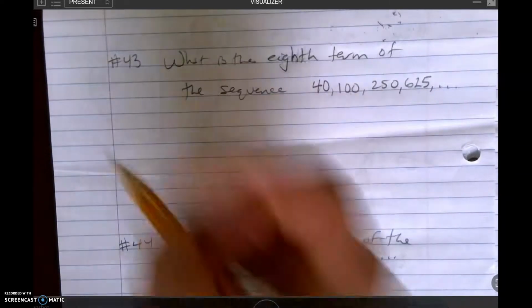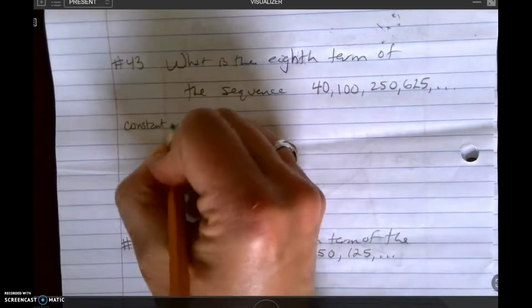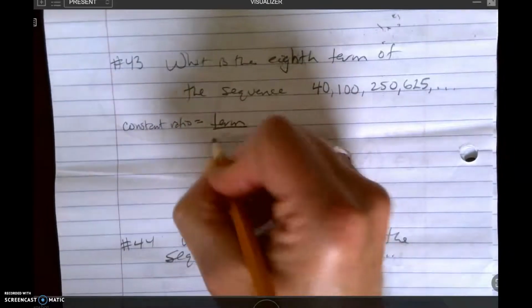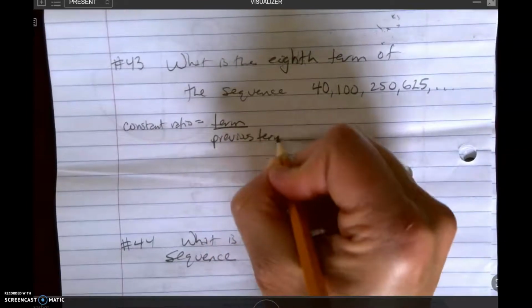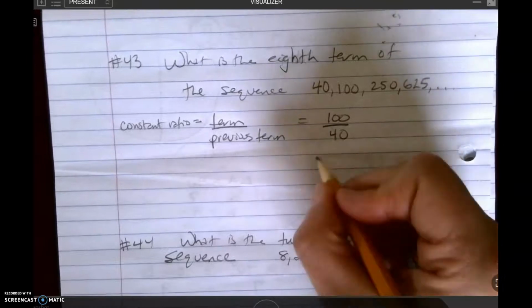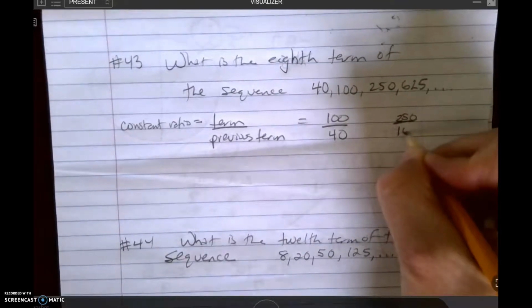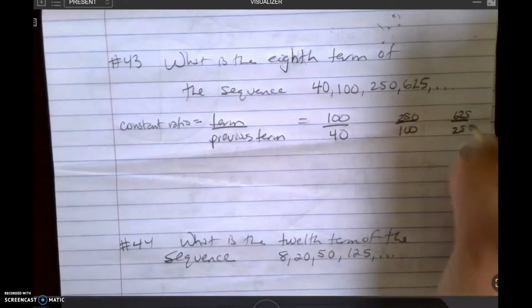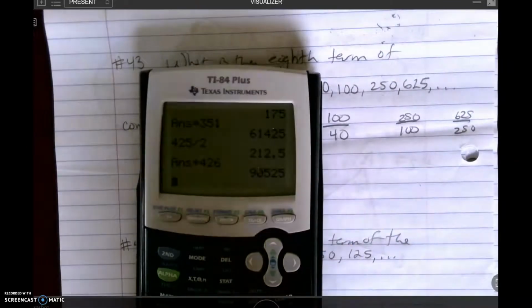So in order to find the constant ratio, we always take term divided by previous term, which would be 100 divided by 40, or 250 divided by 100, or 625 divided by 250. They should all be the same if this is geometric.